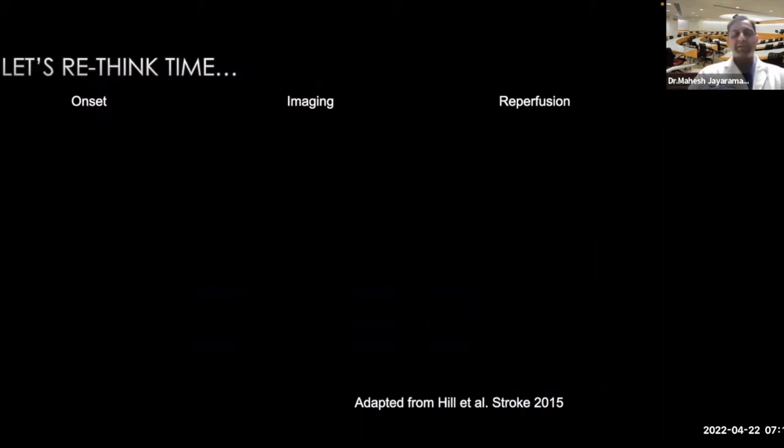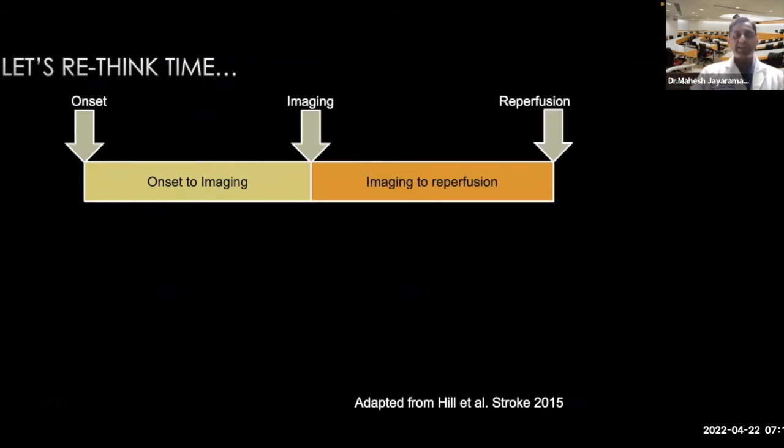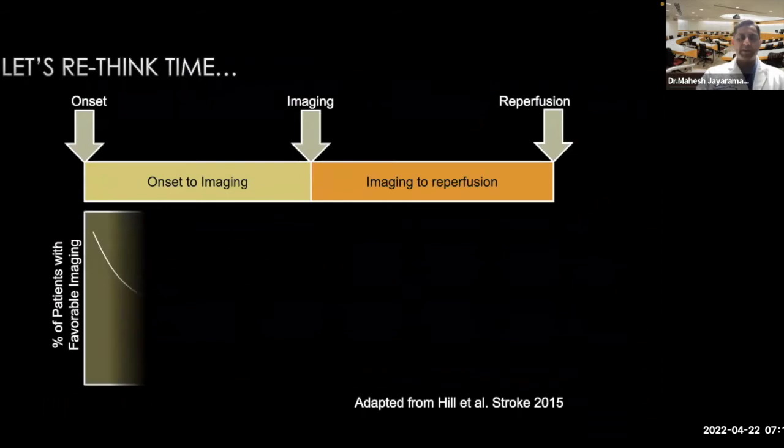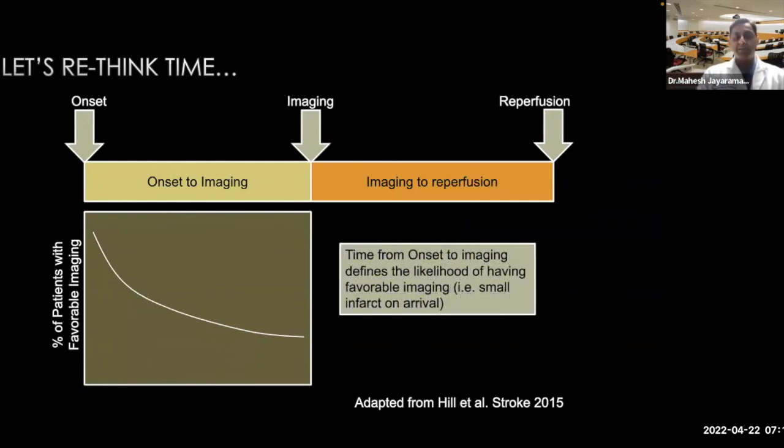And this is adapted from a nice editorial from Michael Hill from the Calgary Stroke Program. What this looks at is thinking of it in two epochs of time. The first epoch is the time from symptom onset, or stroke onset, to when the scan is done. And the second epoch is from imaging to vessel open. If you look at the first epoch of time, what you have is a decay in patients having favorable imaging.